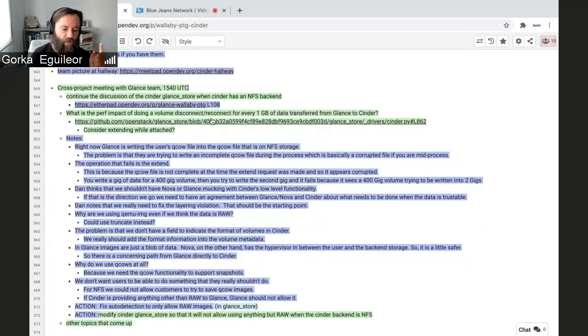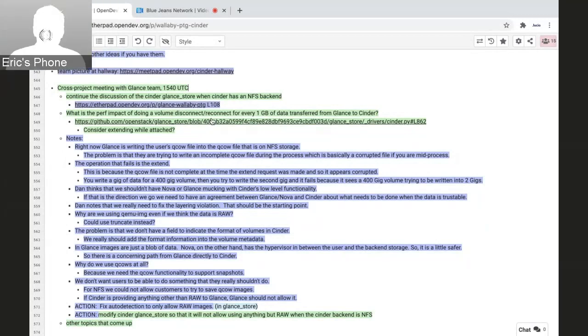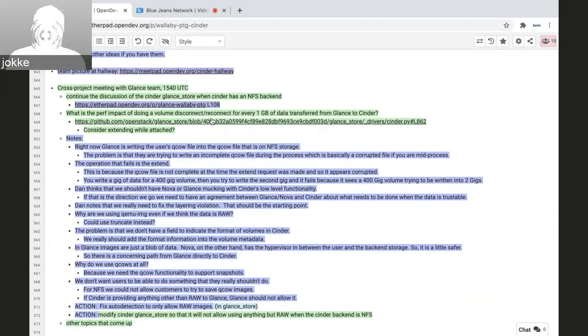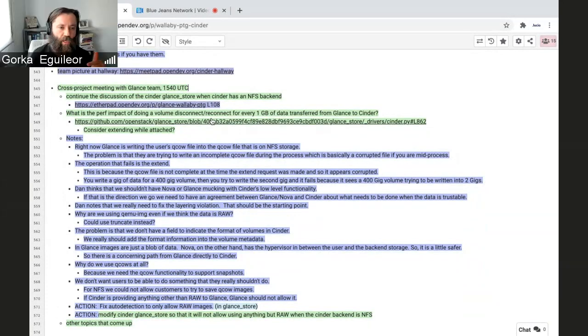Two things. First, you don't have to select one or the other because you can create a secondary Cinder backend using the same NFS shares and configure it to do raw, one QCOW, the second one raw. And then I also suggested as a future improvement to be able to select whether it's raw or QCOW based on the type.